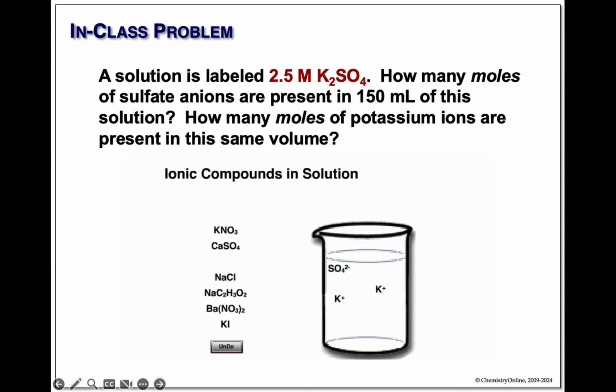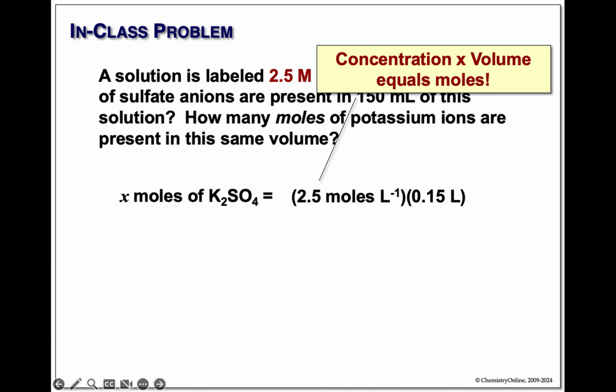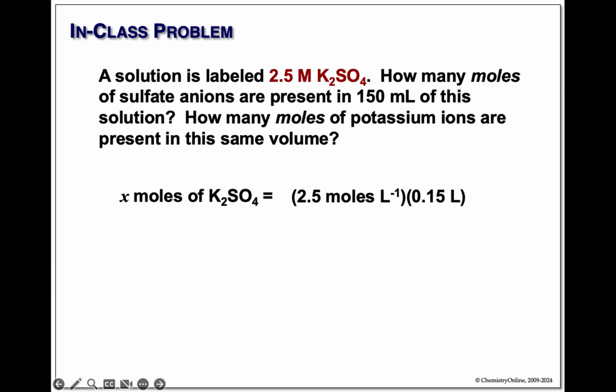So, back to our problem. Concentration times volume gives us moles. Multiply that out. Our liters cancel. 0.38 moles of potassium sulfate.